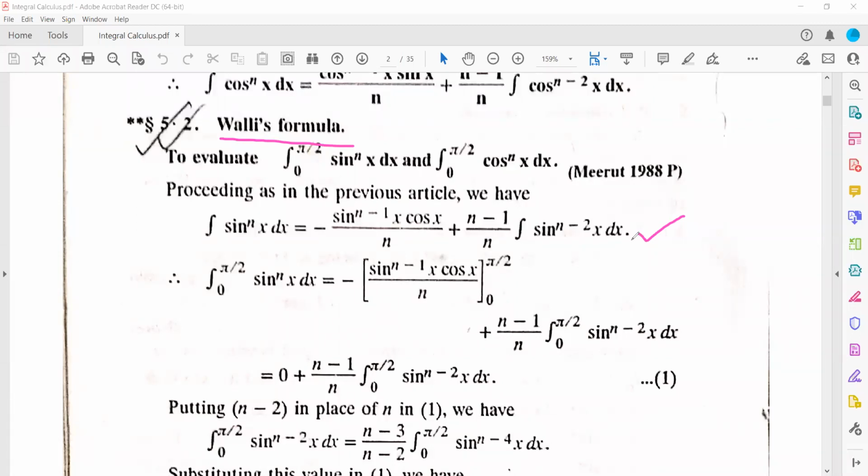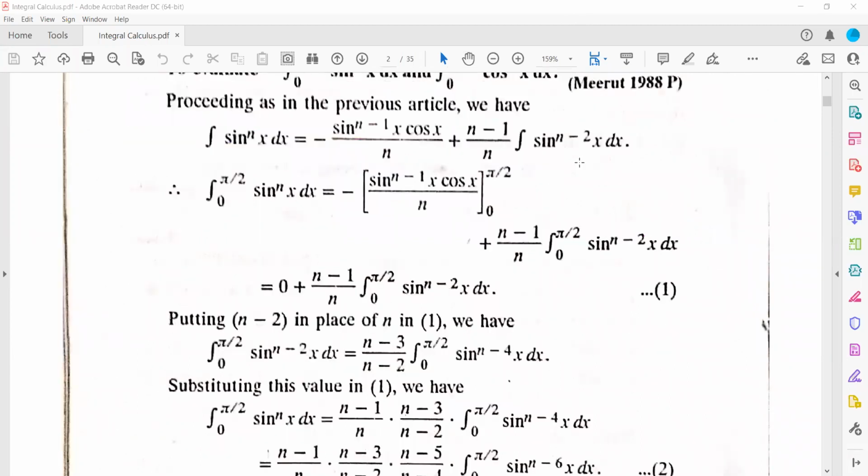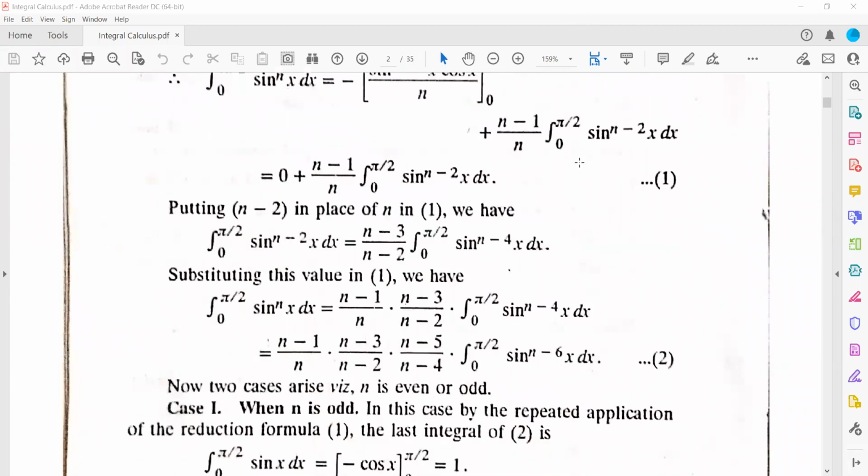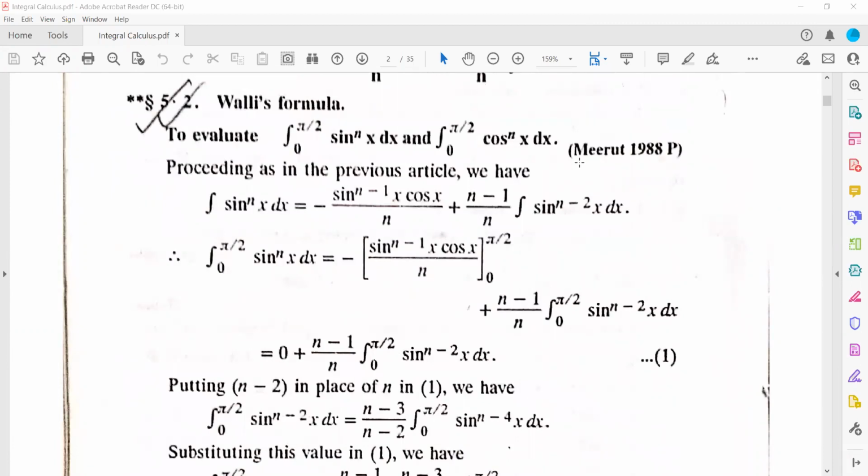Whenever in your exam the question is to deduce the Wallis formula, whether you need to prove this first or not depends on the marks allotted to the question.